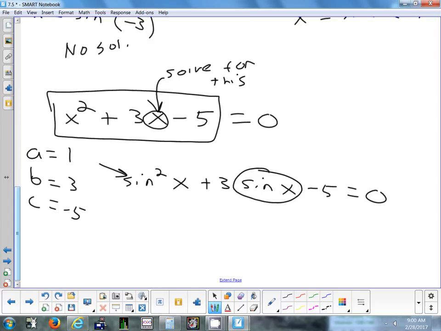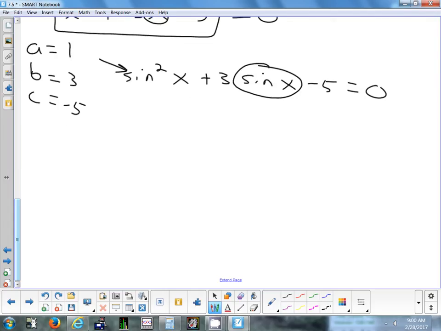So when you're done with the quadratic formula, you're going to get sine x equals, and then we usually get something plus or minus something. And then sometimes there's a fraction in the bottom too. So if this was a regular quadratic, you would just have x equals, and then you might have 5 plus the square root of 3 over 6. Well, now it's sine x equals.